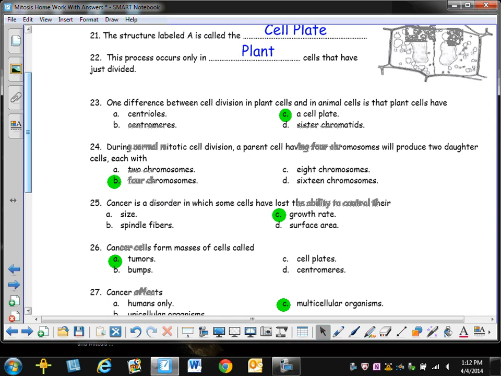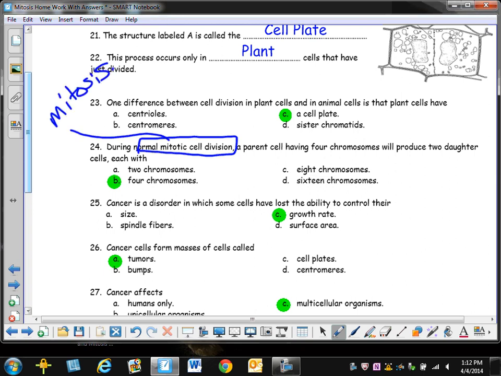During normal mitotic cell division, mitotic is just another word for mitosis. Mitotic cell division, a parent cell having 4 chromosomes will produce 2 daughter cells, each with 4 chromosomes. Now there's a reason, Kevin, they put here normal, because in mitosis we have something that's not normal.